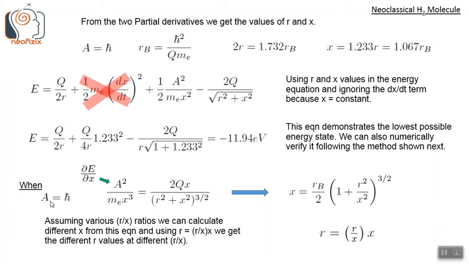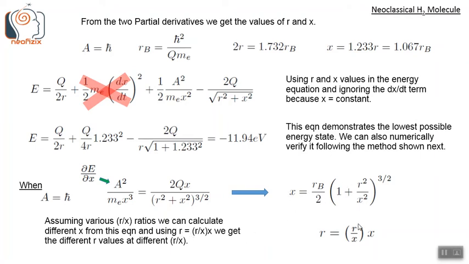So when a, the angular momentum, is h bar, the partial derivative of E with respect to x, del E by del x, gives this equation, which can be rearranged to get this equation, which basically implies that x equals rb by 2 into 1 plus r square by x square whole 3 by 2. So x can be purely expressed in terms of the ratio r by x and a constant rb. Assuming various r by x ratios, we can calculate the different x values from this equation.